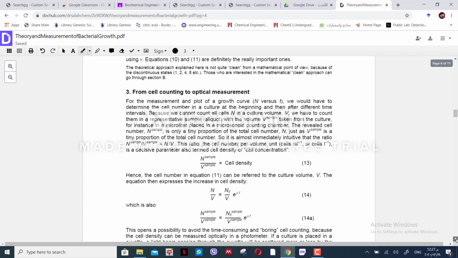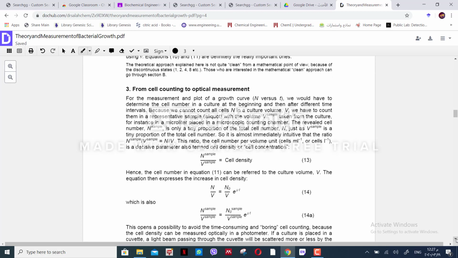From cell counting to optical measurement. We know that we can use a colony counter to count a sample of some volume of culture. So for the measurement and the plot of a curve n versus t, we would have to determine the cell number in a culture at the beginning and then after different time intervals. Because we cannot count all cells in culture volume V, we take a sample.